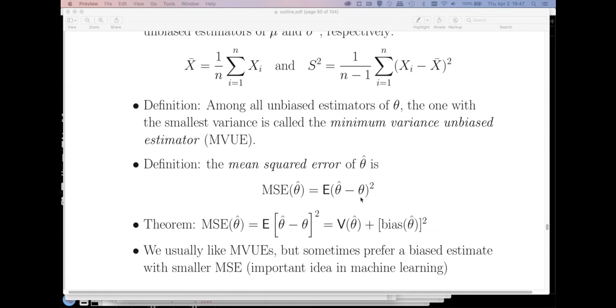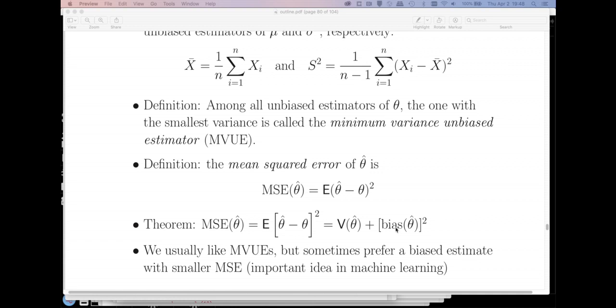It's called the Bias-Variance Decomposition, and underlying all of machine learning is a bias-variance trade-off. This is important stuff. The bias-variance trade-off says this: the mean squared error of an estimator is just the variance of the estimator plus the bias squared of the estimator.